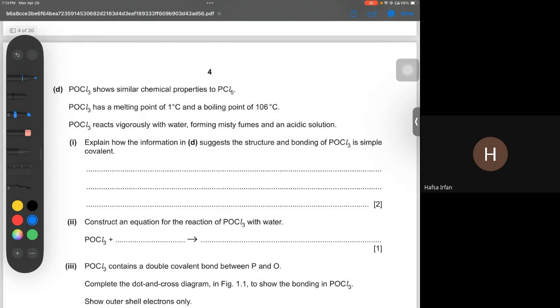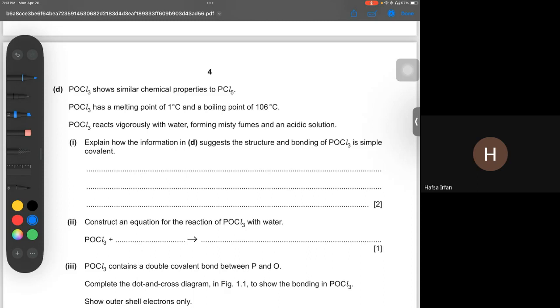Then, POCl3 shows similar chemical properties to PCl5. POCl3 has a melting point of 1 degree Celsius and a boiling point of 106 degrees Celsius. POCl3 reacts vigorously with water, forming misty fumes and an acidic solution. Explain how the information suggests the structure and bonding of POCl3 is simple covalent. Remember, covalent compounds have lower boiling and melting points, and ionic compounds have high melting and boiling points.